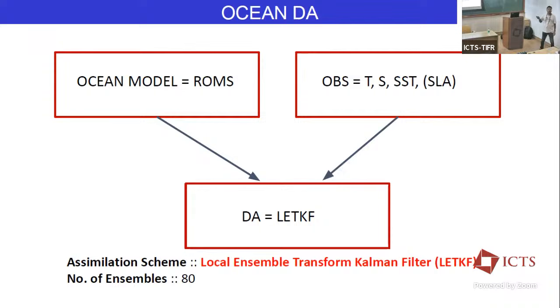And then you have observations. What are the observations in the ocean that we assimilate? One is temperature observations, salinity observations, then sea surface temperature from satellites, and then SLA, sea level anomaly. That also you can observe from satellite.